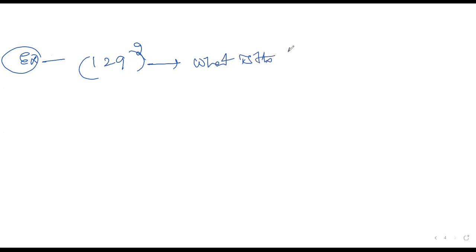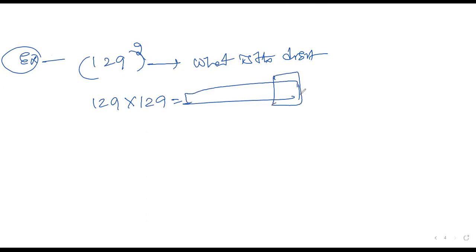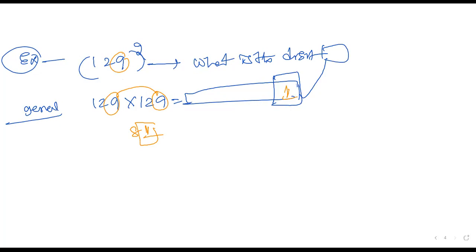Generally you multiply 129 into 129 and check only the last digit of the answer. But don't multiply the entire thing. Multiply only the last digit: 9 nines are 81. Just write 1, because there is no need to multiply the entire thing.